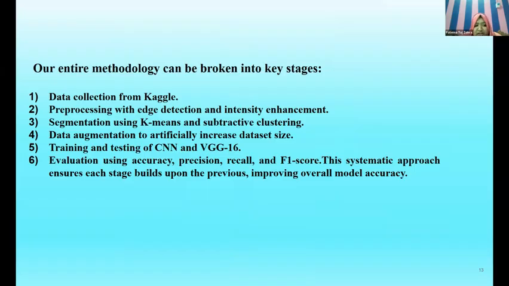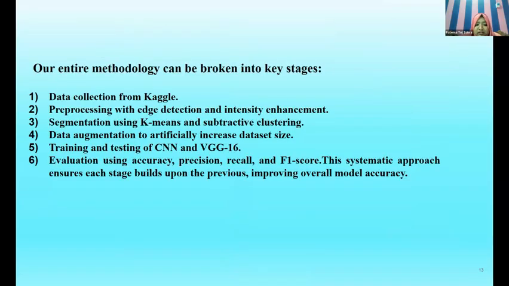Pre-processing with edge detection, we have processed the data using edge detection. Then the segmentation part comes, we have used k-means clustering because it performs much better on our datasets, and the results for segmentation are far better than other clustering algorithms.